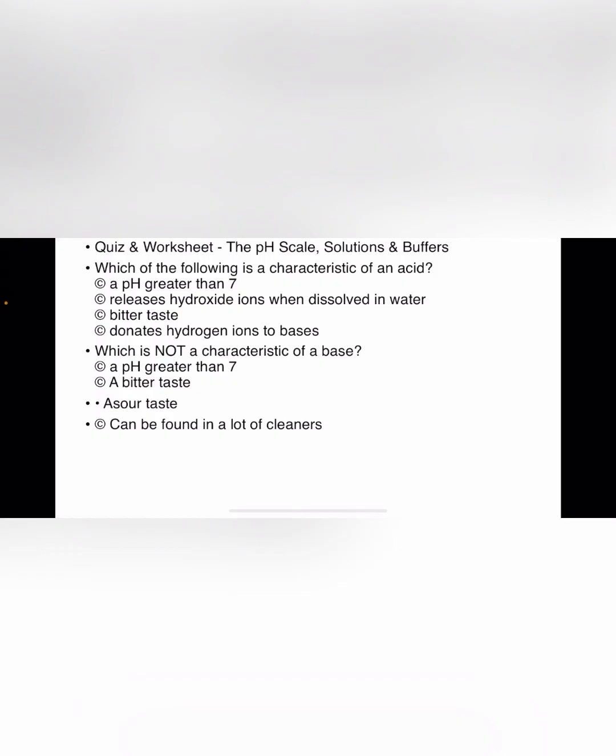And let's look at another one. Let's solve it together. Okay, I'm going to read. Which of the solutions is a characteristic of an acid? A pH greater than 7, yes or no, is an acid? Maybe. Let's look at the second one. Releases hydrogen ions when dissolved in water.